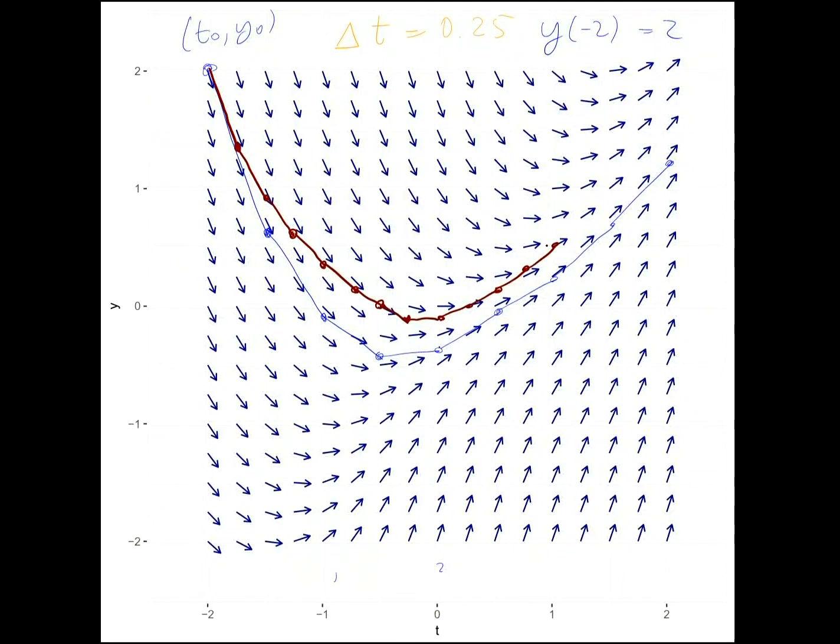It's going to give me values at specific points, right? So if, say, delta t is 0.25 and the initial value of t is -2, it means that I am going to approximately compute y of -2, then y of -1.75. This is y of -1.5.